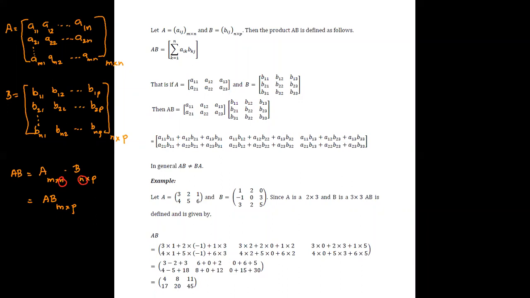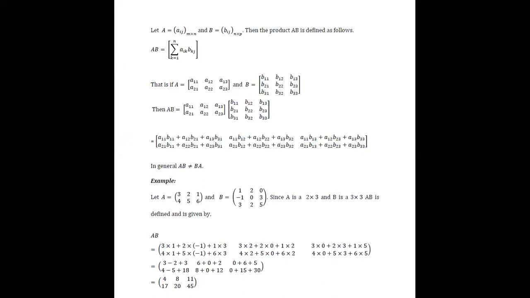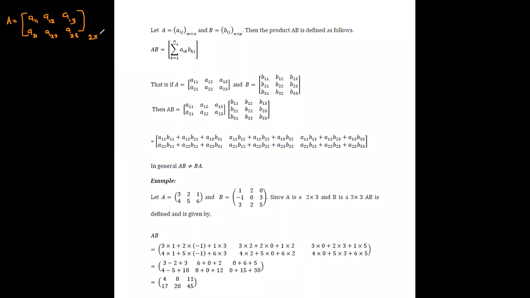Suppose that in the given example here, matrix A is given as A11, A12, A13, A21, A22, A23. If you find the dimension of matrix A, you can see that this is a 2 by 3 matrix. There are 2 rows and 3 columns in this matrix.